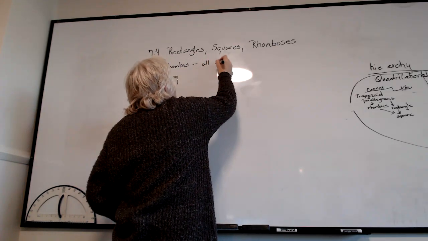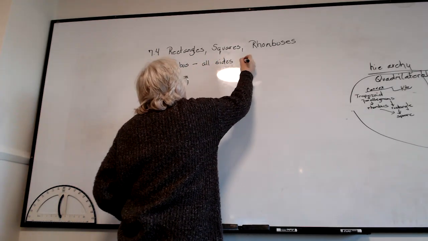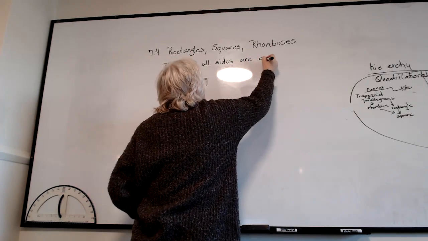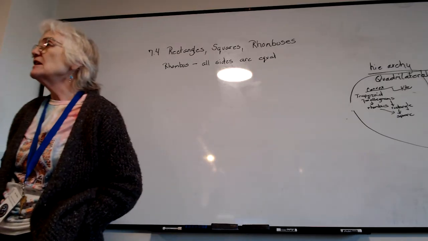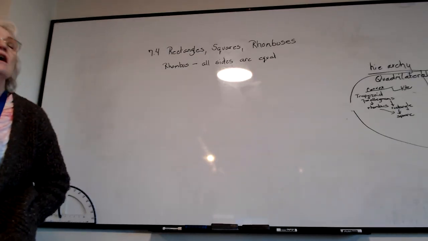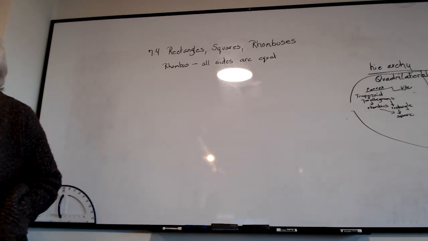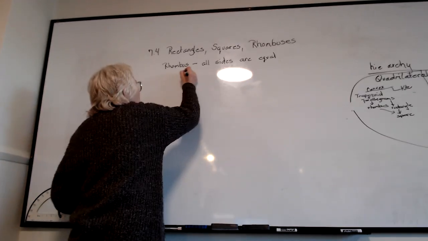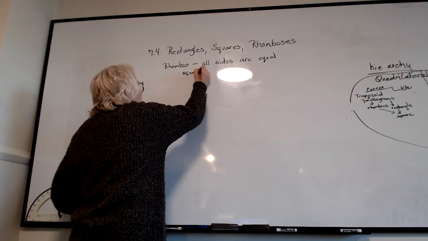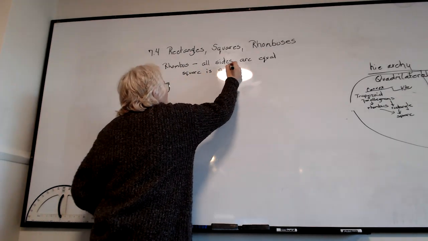All sides are equal. It doesn't matter if they're at 90-degree angles or not, they're all equal. So inside this, a square is a rhombus.